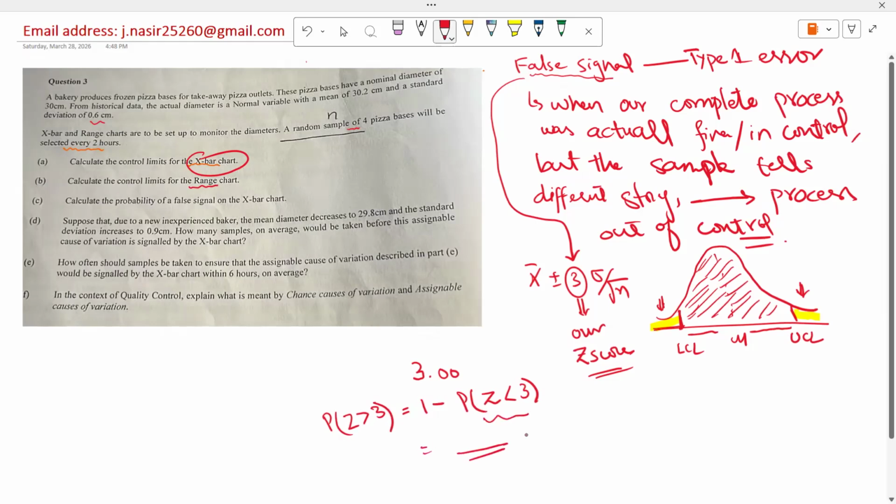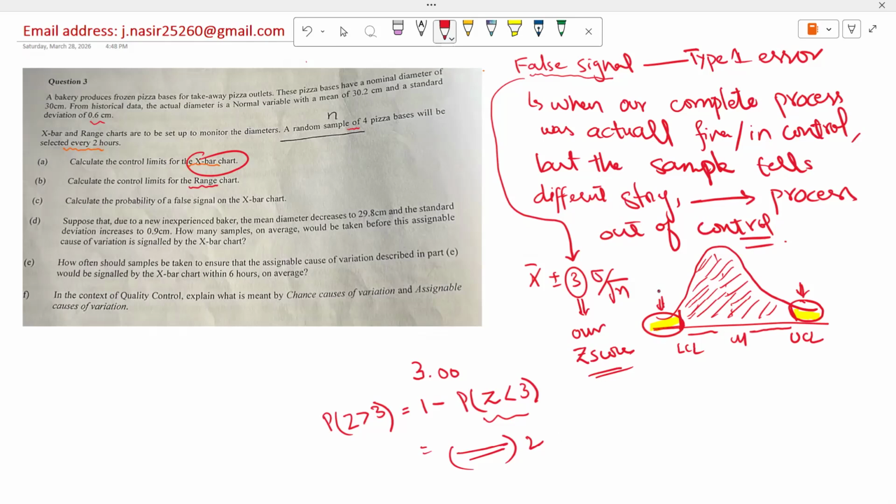But that won't be your answer. You will multiply it by 2, because this is a symmetrical distribution. Whatever the area of this yellow region is, the equal area is on the left side. If your sample lies either in the right or the left yellow shaded region, that would be considered out of control. So you would add both areas, or multiply by 2.